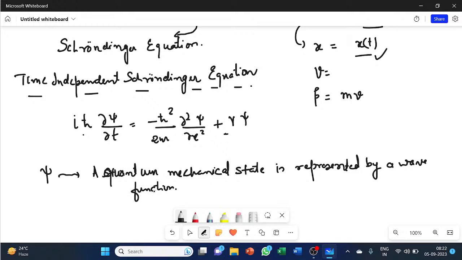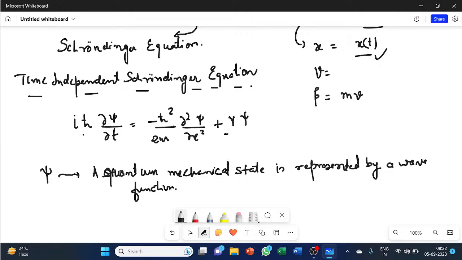Okay, and all these things are related to wave particle duality, which is a part of modern physics that we're going to take later on. But understand that a particle can be represented as a wave packet, and that conceptualization leads us to the wave function. Okay, and this particular wave function represents a quantum mechanical state.